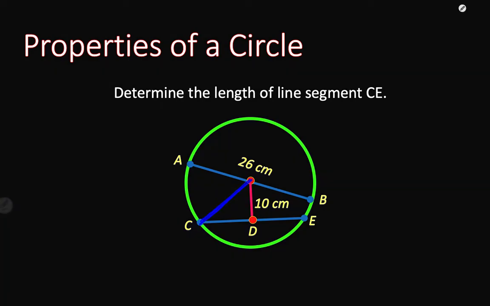The reason why is because I know diameter is 26 centimeters. That means this is 13 centimeters, and that is 13 centimeters. But this radius right here is the same as that radius right there. So that's how I can make myself a triangle now that I can work with.